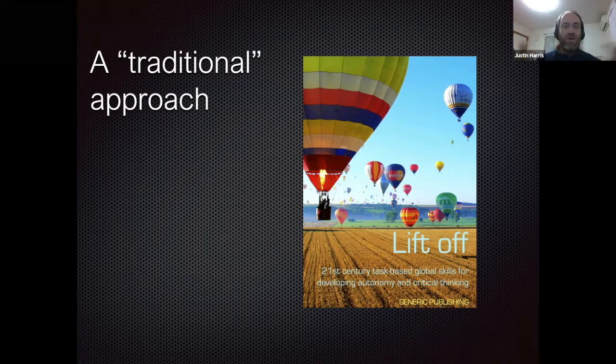I just tried to throw everything into this cover, and I liked the feeling, lift off, your language will go sky high in no time, kind of thing. And I could imagine this kind of book, if I walked around the JALT conference and around the publishers, I could nearly imagine seeing this book.